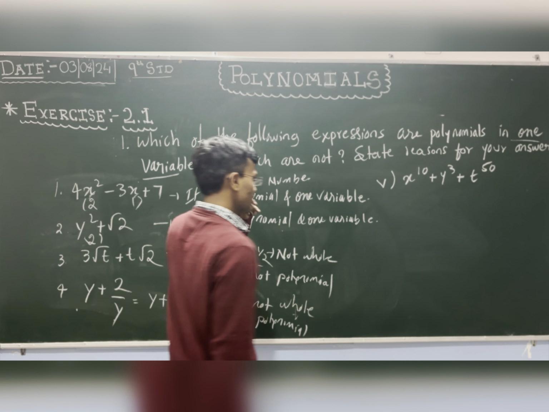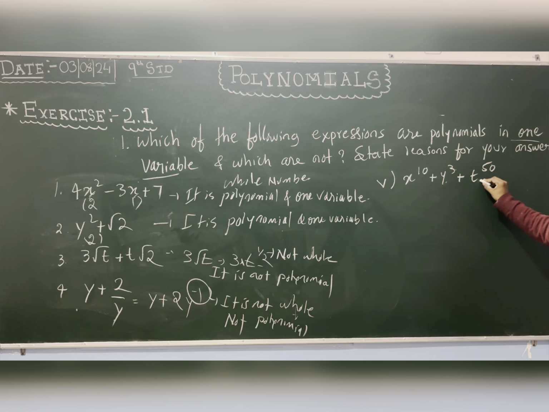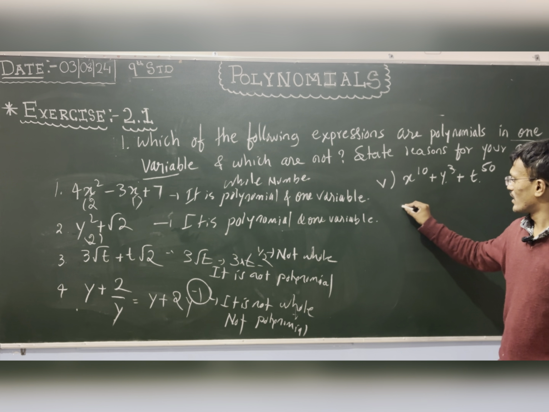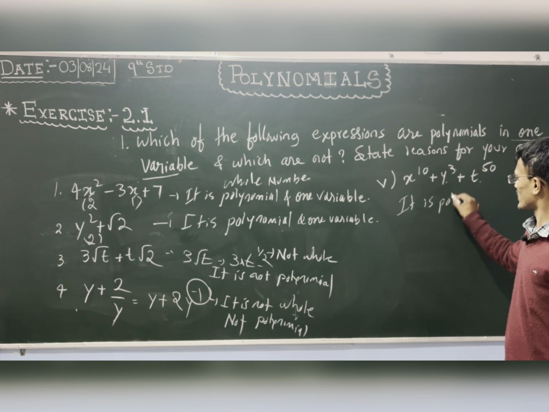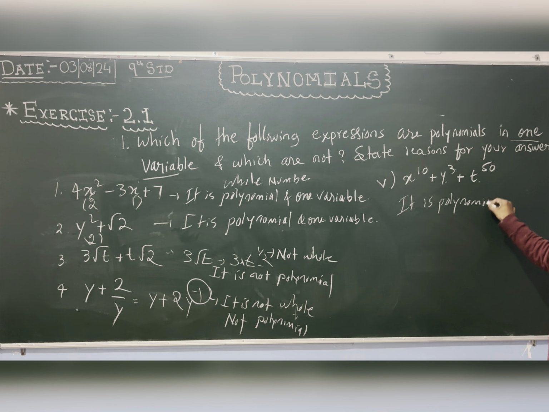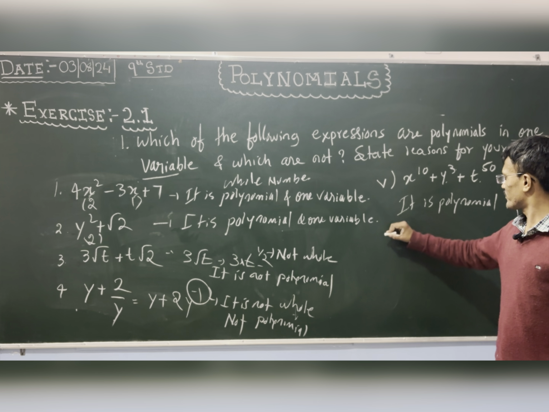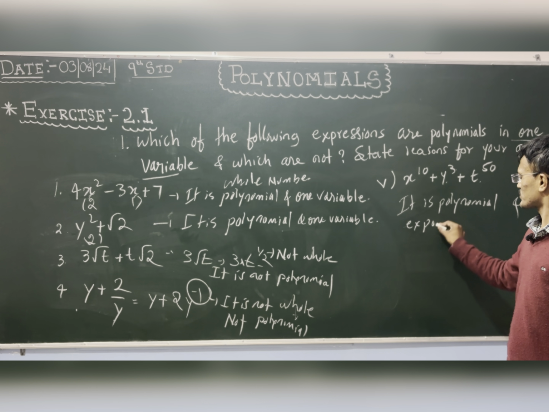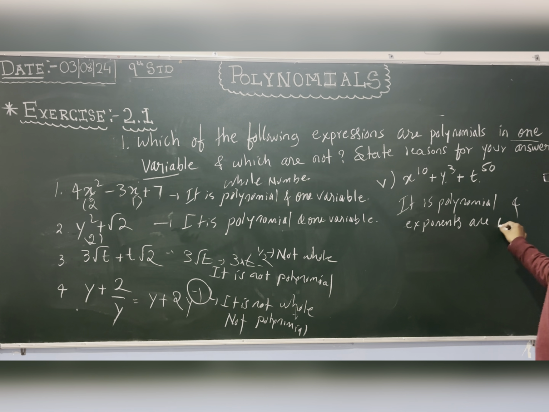The last one, the fifth one, x to the power of 10, y to the power of 3, and t to the power of 50. Here it is a polynomial, and the exponents are 10, 3, and 50.